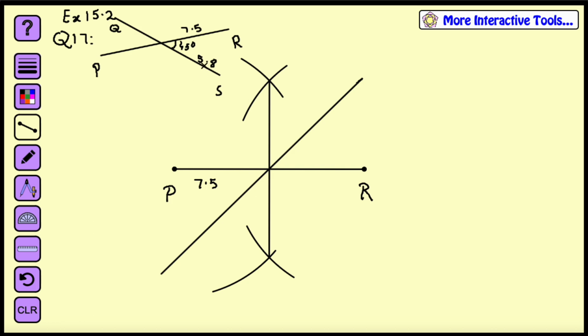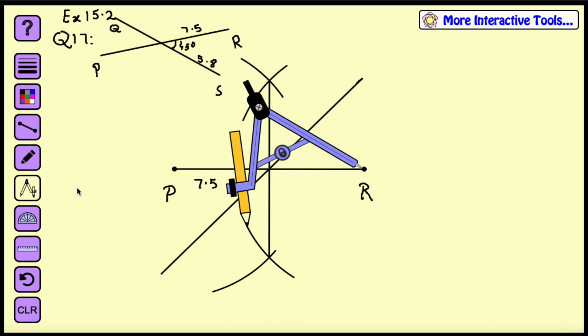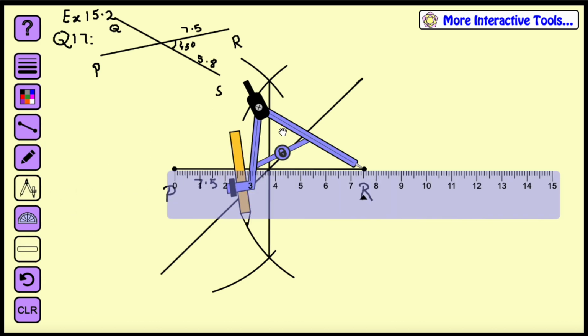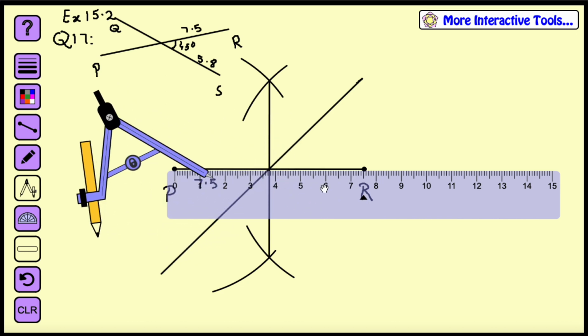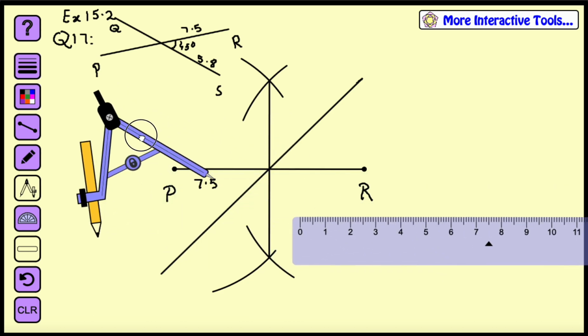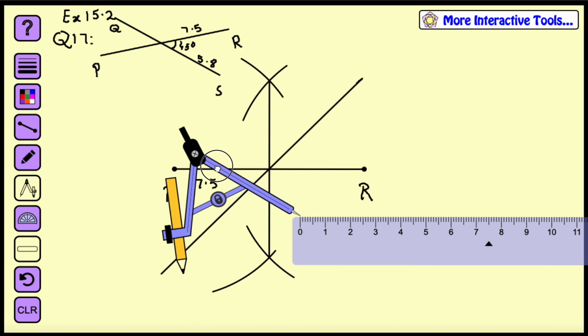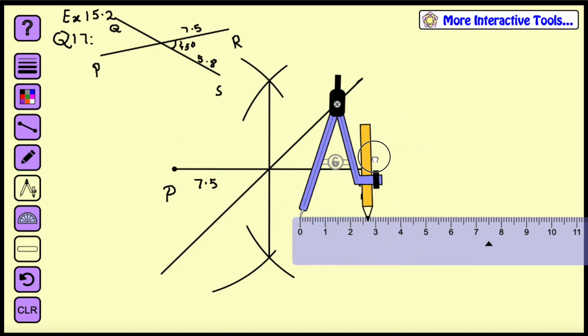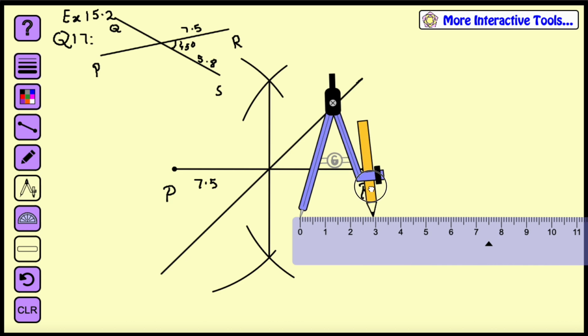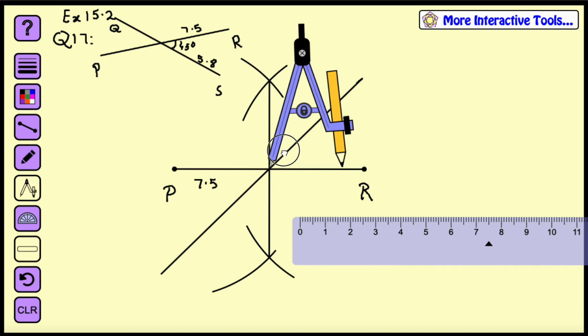Next one is 5.8. Half of 5.8 will be 2.9. So what we will do, take 2.9 and place here.